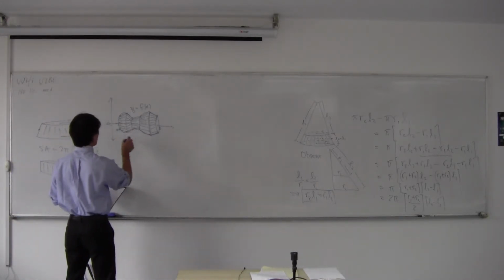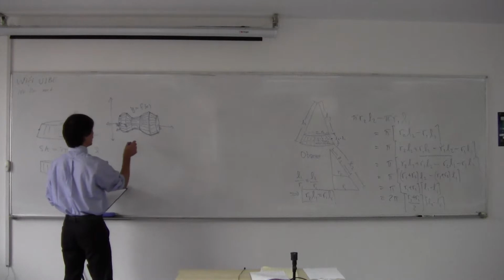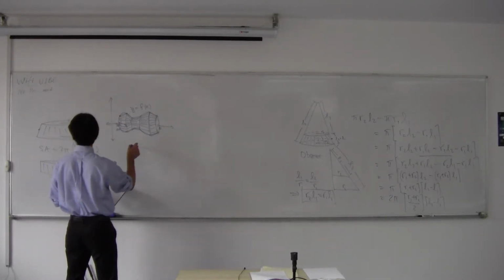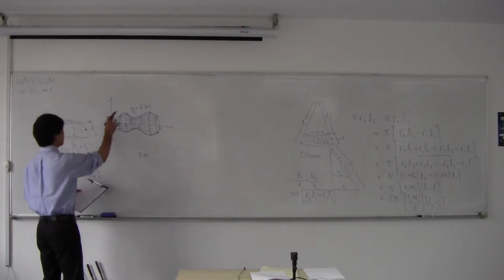Let's look at the pieces. Let's say this is x0, x1. What's the surface area of this first piece? Well, it's going to be 2 pi times the average radius.